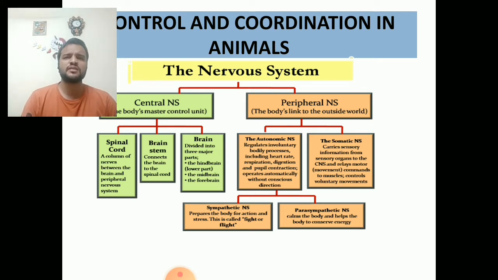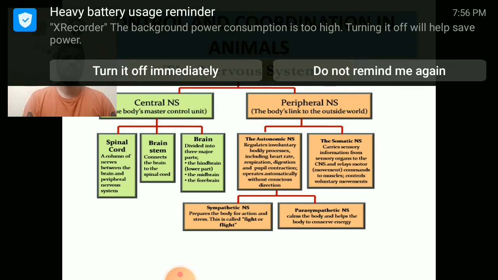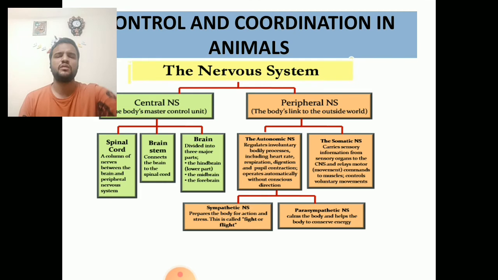So what is the nervous system and what is the endocrine system? In the nervous system, the neurons, the brain, the spinal cord and the other neurons which are spread throughout the body are involved. And the endocrine system is a system in which the endocrine glands are involved. What are these glands?